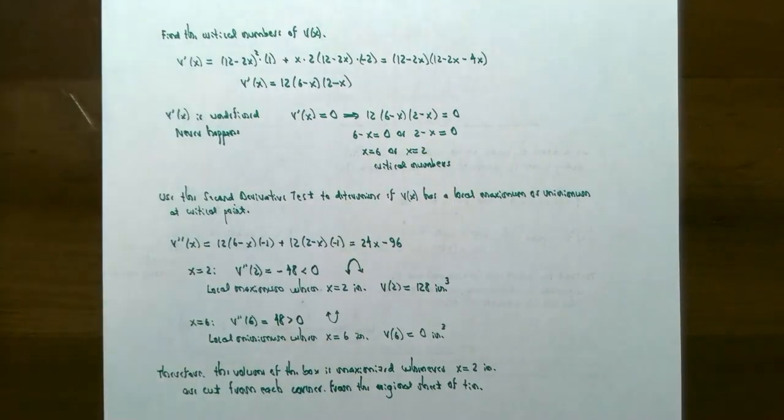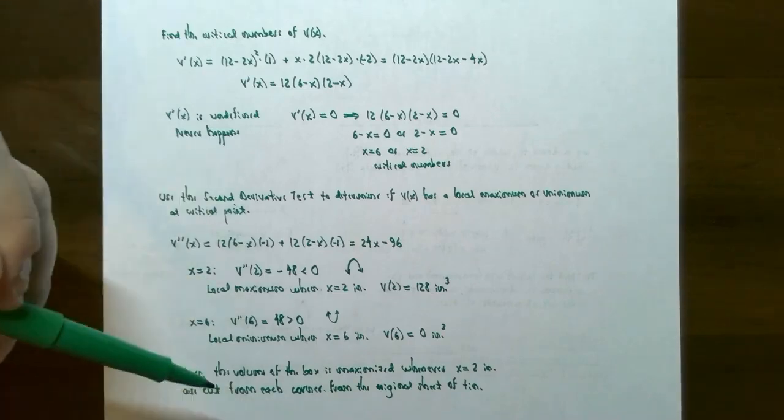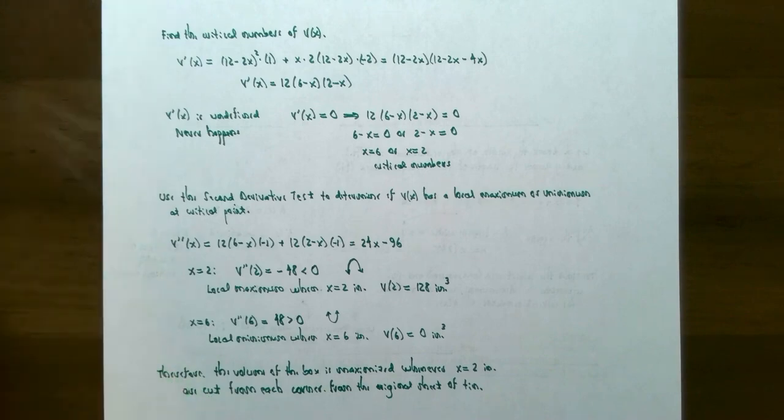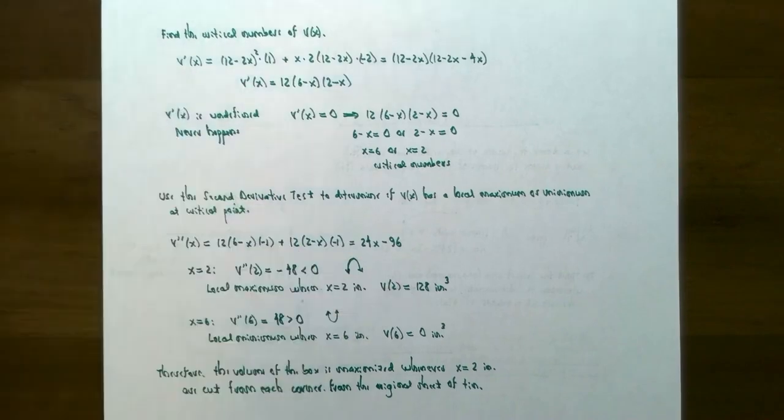So that's what was being asked in the problem. It was how much should you cut out from each of the corners so that the volume of the box holds the most possible. They didn't actually ask us to find what that volume is, but we found it already. It's 128 inches cubed.